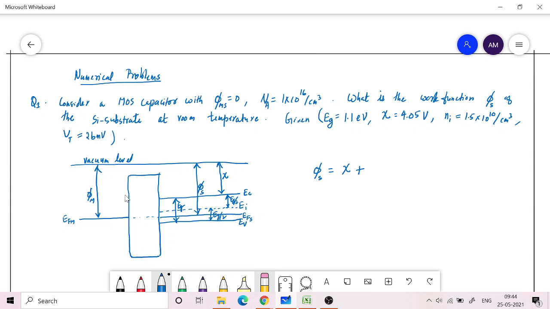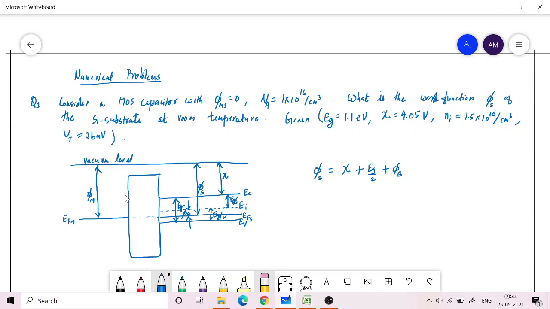So we can write psi s as basically chi, that's one contribution. Then Eg by 2, we are reaching EI, and plus there is some more distance you need to come down from EI. What is this distance? We called it phi b. So plus phi b.